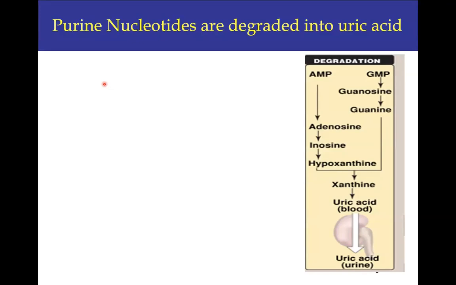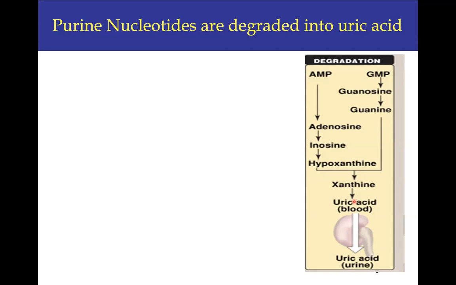In conditions where patients cannot salvage hypoxanthine or guanine, known as Lesch-Nyhan syndrome, more purines are converted into uric acid, because these two things are not being salvaged. So more was being converted into xanthine and more uric acid was being produced, resulting in hyperuricemia and increased uric acid in the urine.